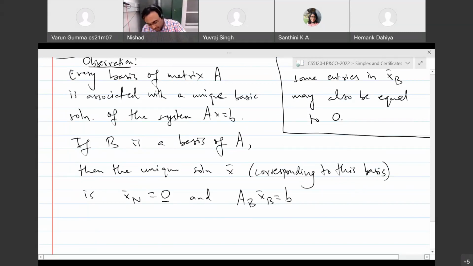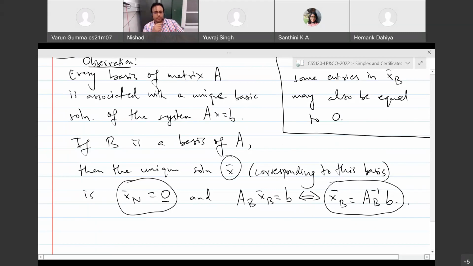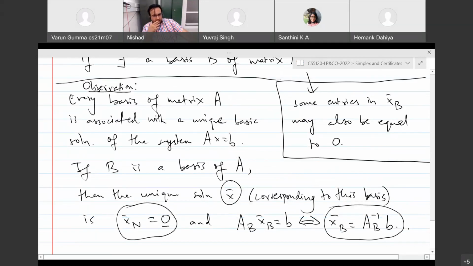But because it's a full rank matrix on the left hand side, AB, what this is simply AB inverse times b. And so if you put these variables along with these, you get your unique solution x bar. It's basically linear algebra.